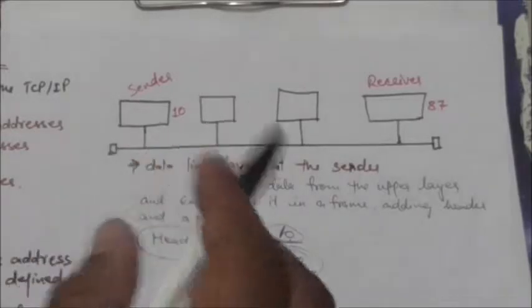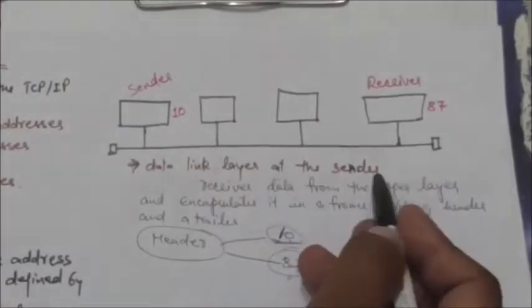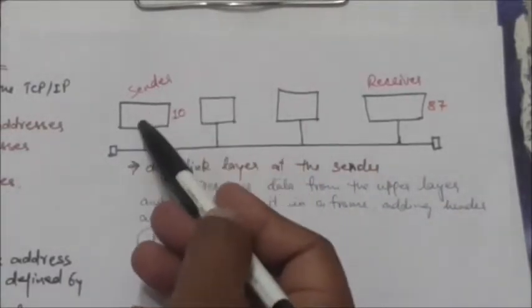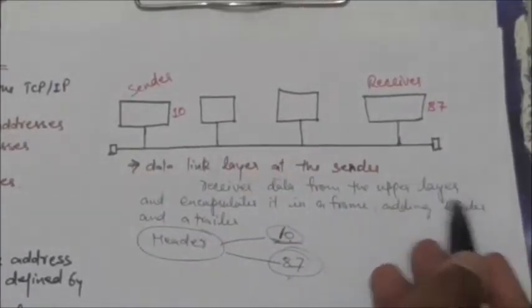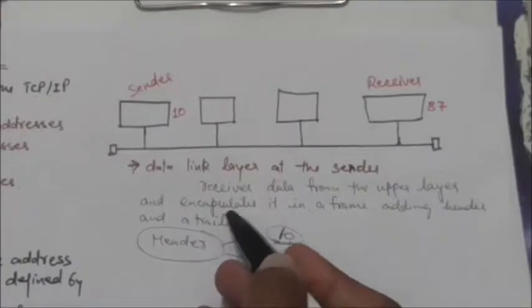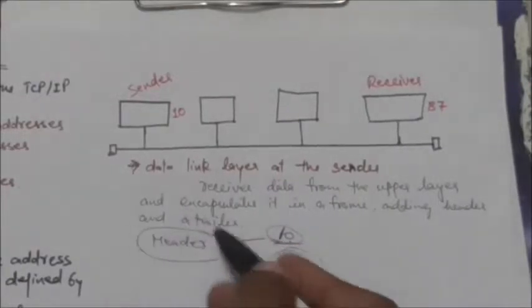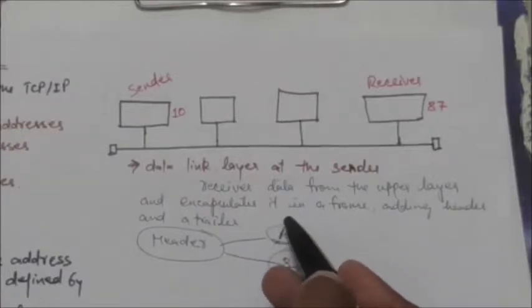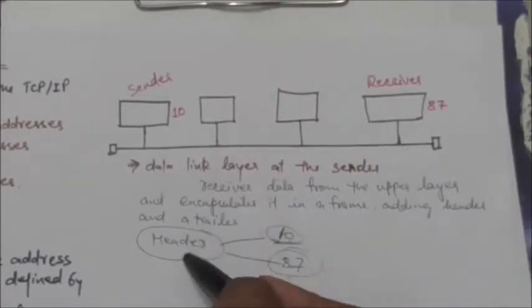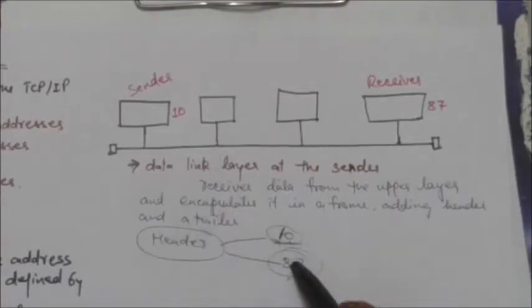At the sender, the data link layer receives data from the upper layer and encapsulates it in a frame, adding a header and trailer. In the header, along with other pieces of information, the sender and receiver physical addresses are also included.